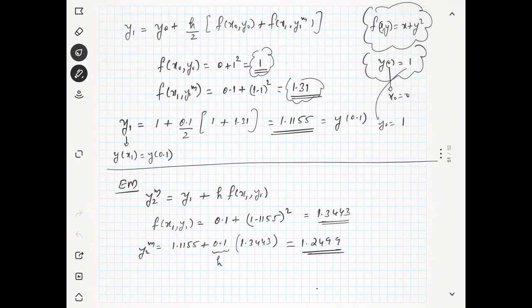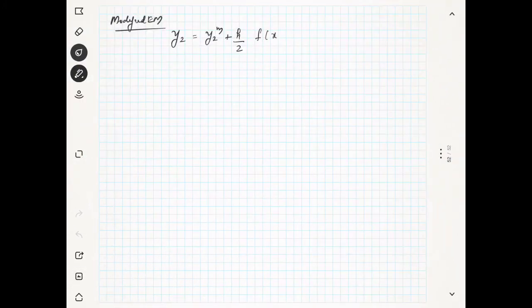That means y2 is equal to y1 plus h by 2 into f of x1 y1 plus f of x2 y2m.